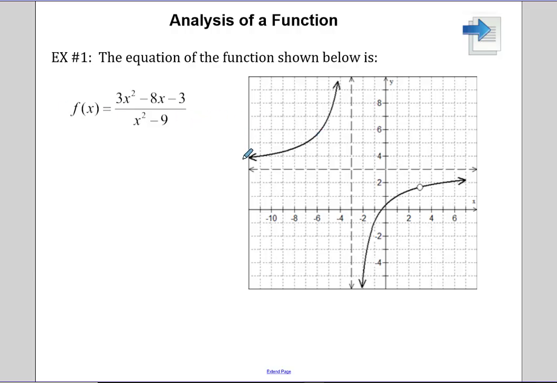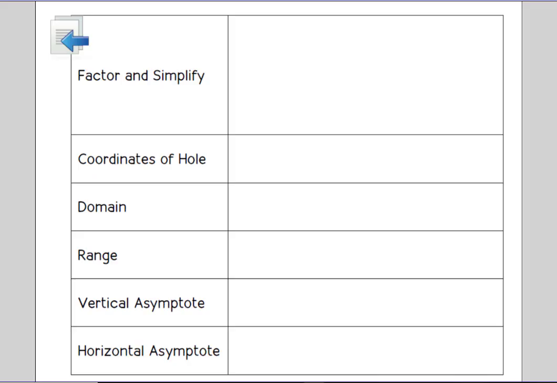Maybe the domain and range, vertical asymptote, horizontal asymptote, and end behavior, if you can remember those things. Okay, so if you remembered some of that, let's prove how we know the particulars about this function.